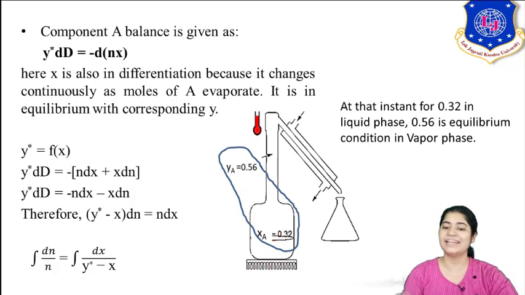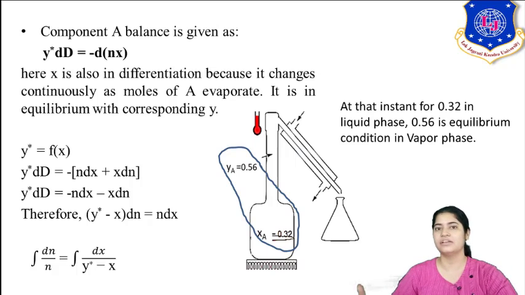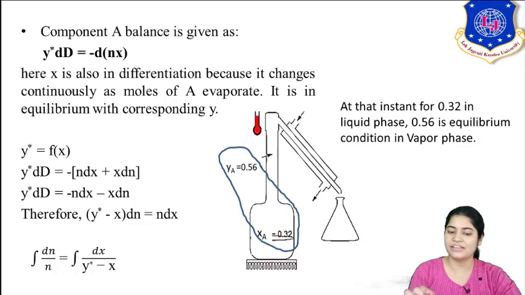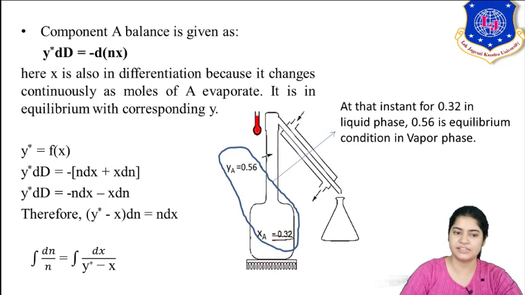Remember, in batch distillation, why is the name differential distillation? Because at different instants you get a different composition. For the instant when XA was 0.32, the equilibrium condition in the vapor phase is 0.56.